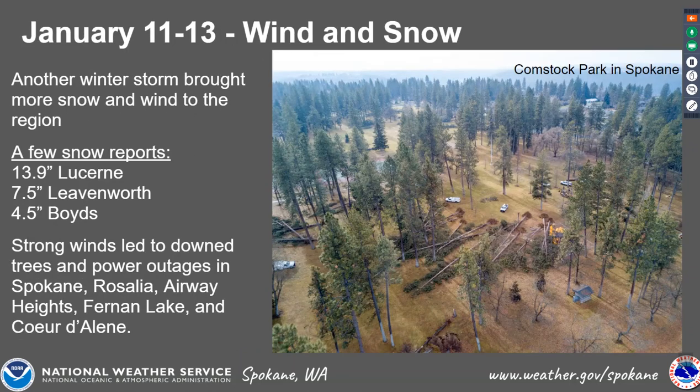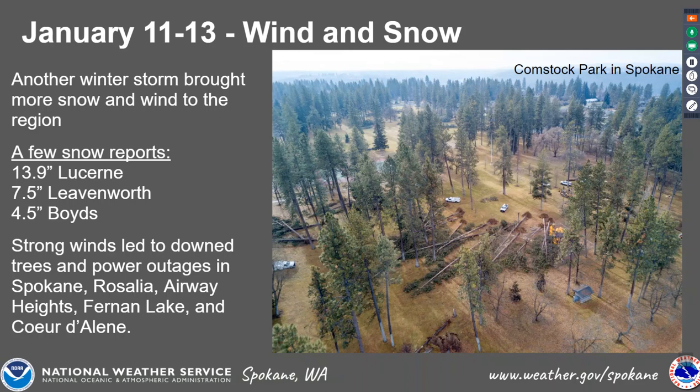And then we had our big January wind event, which also had some snow. Like Spokane didn't have snow, but other areas thereafter did. So like Lucerne, Leavenworth, Boyds, mainly our mountainous areas, the Cascades, and then up into Stevens and Pend Oreille counties. They had snow while it rained here and saturated the soils.